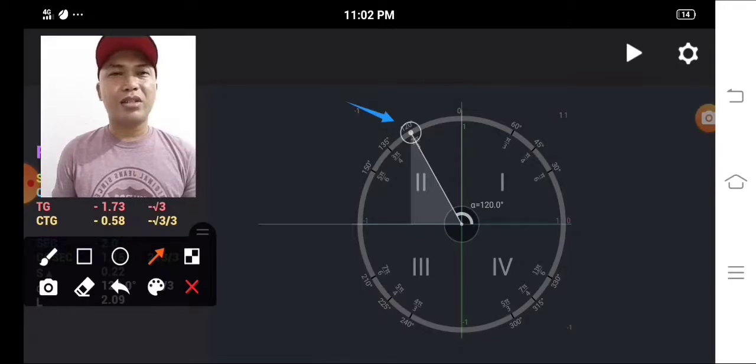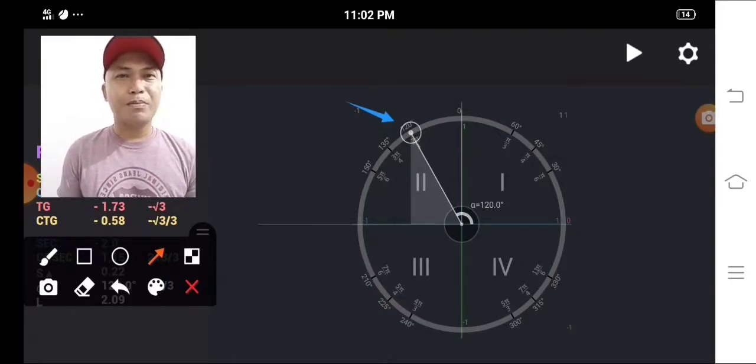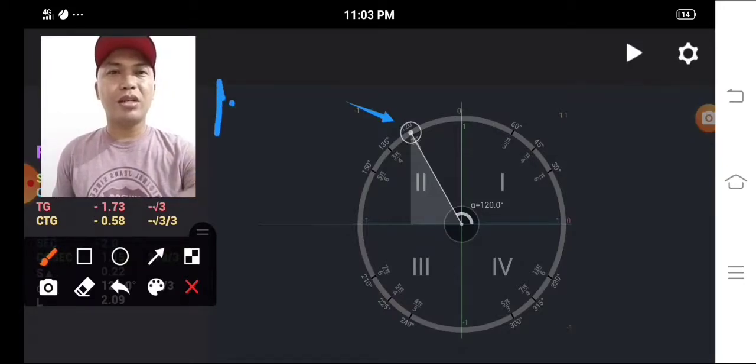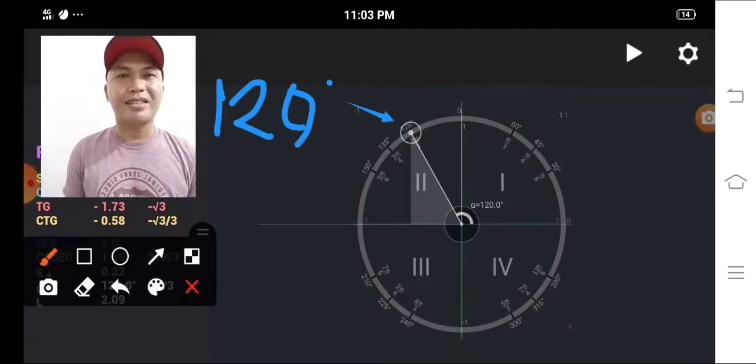So actually you can just subtract 840 minus 720, that is 120. So 120 is your least positive coterminal angle.